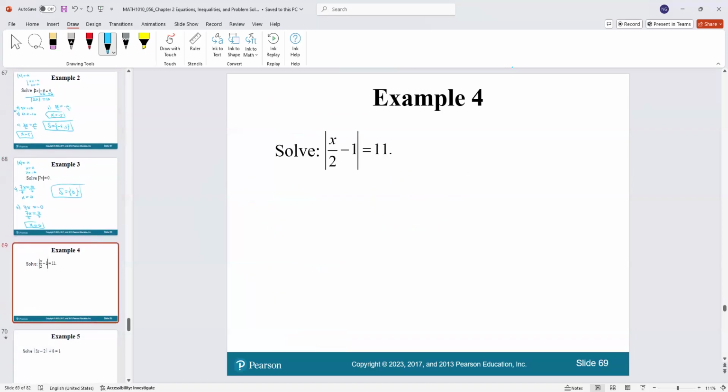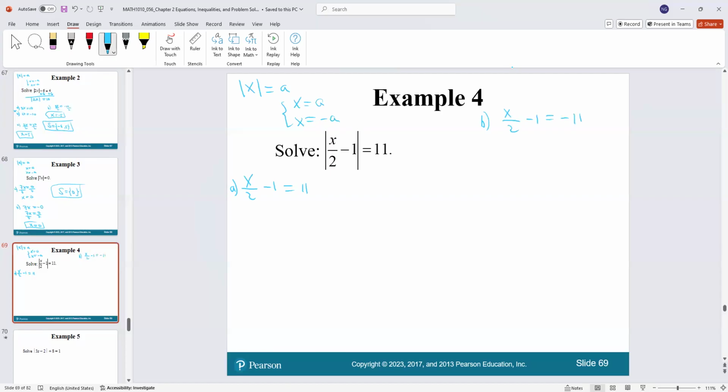Another example we can consider is this one. Again, property absolute value of x equal a, we have two solutions, x equal a and x equal negative a. Now, if we go x over 2 minus 1 equal 11, that's the first one, and b, we're going to say x over 2 minus 1 equal negative 11.